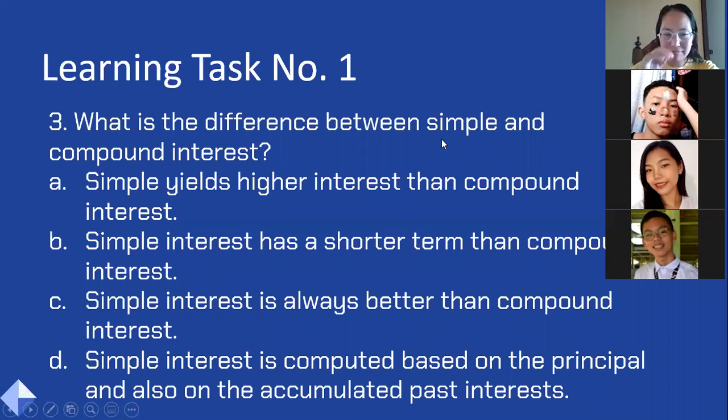Ma'am, letter C po. Simple interest is always better than compound interest. And yeah, that's true, right? Simple interest is always better than the compound interest in the case of the borrower. But with this one, the correct answer is actually that compound interest is computed based on the principal and also on the accumulated past interest. Okay?